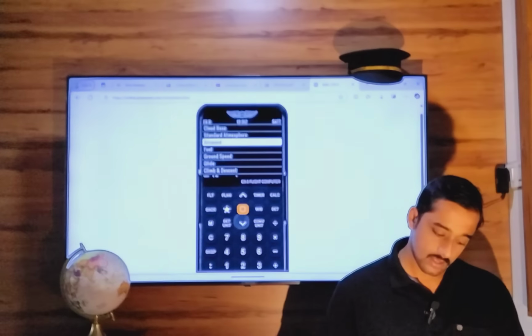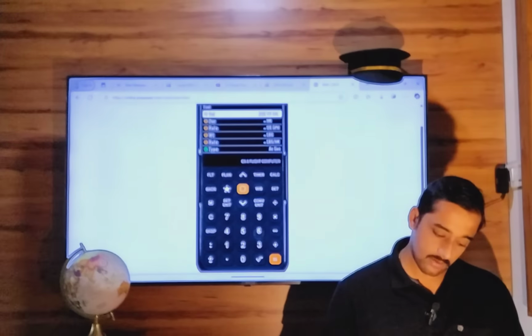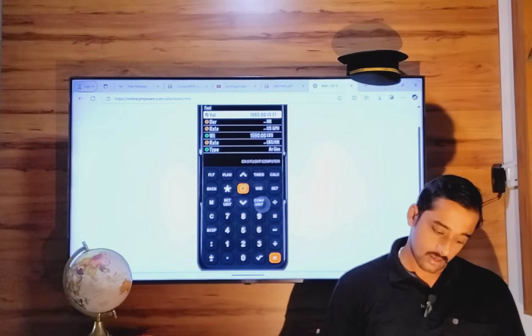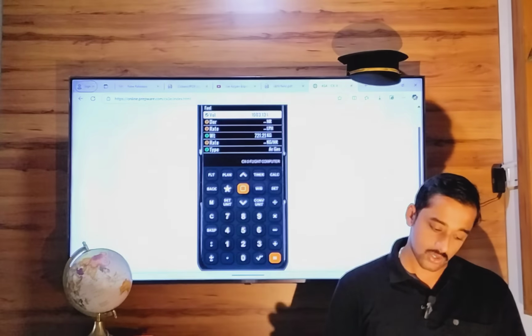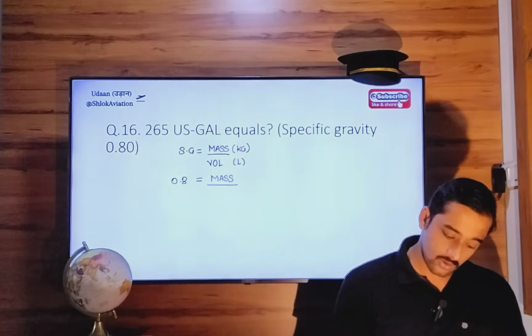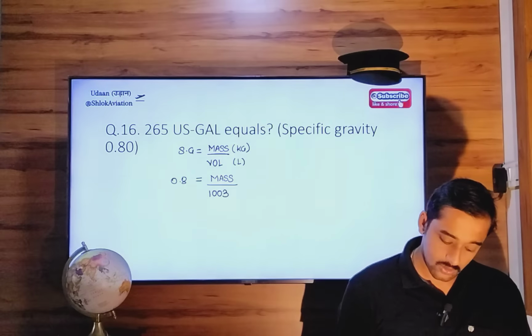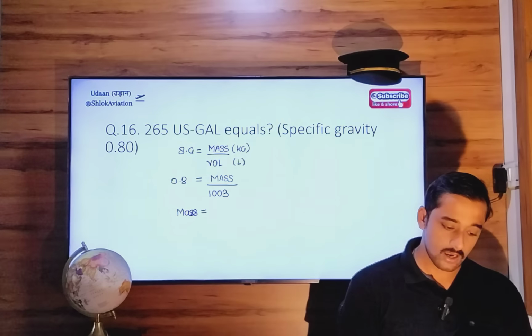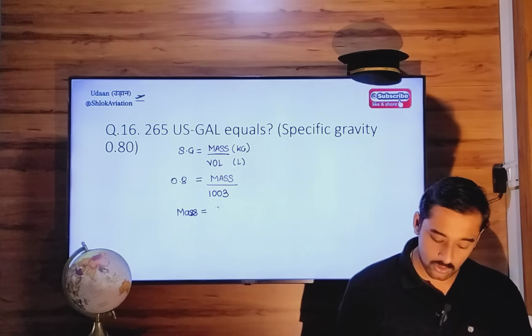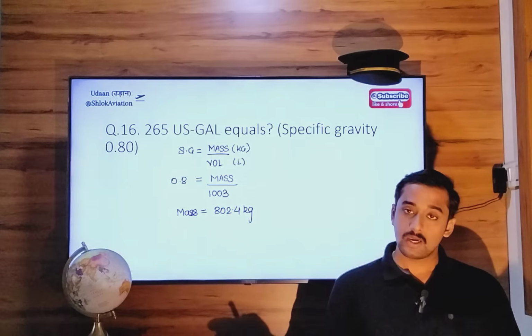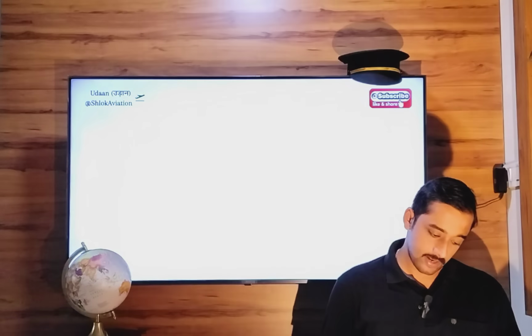So 265 US gallon, press convert unit until you get liter. So the value in liters is 1003. So mass will be equal to 0.8 into 1003, 802.4 kilogram. Okay.